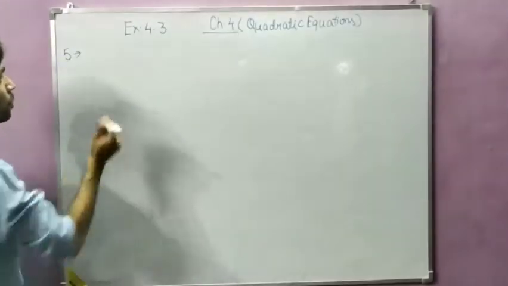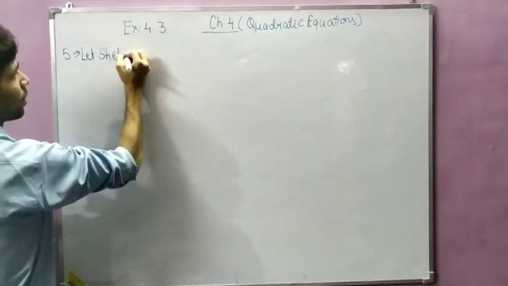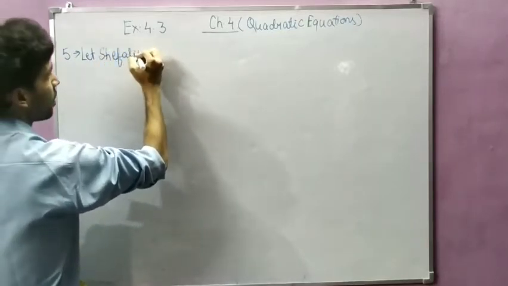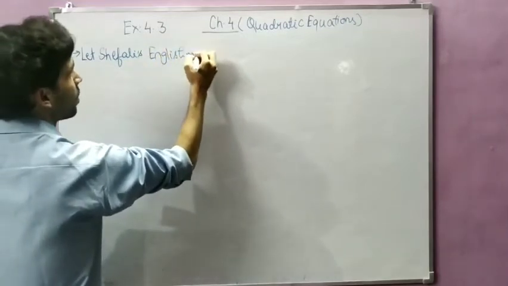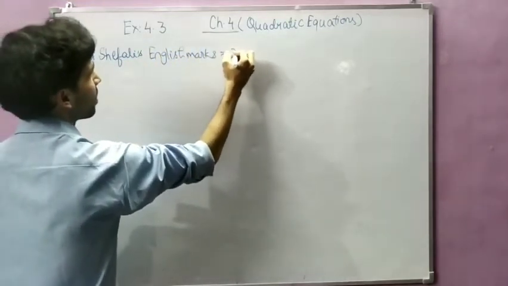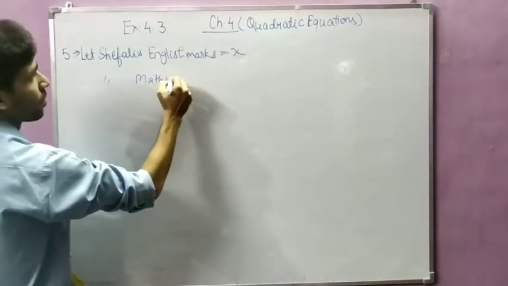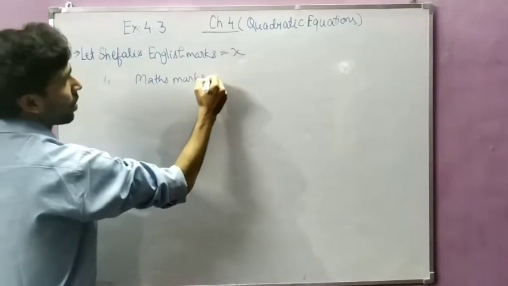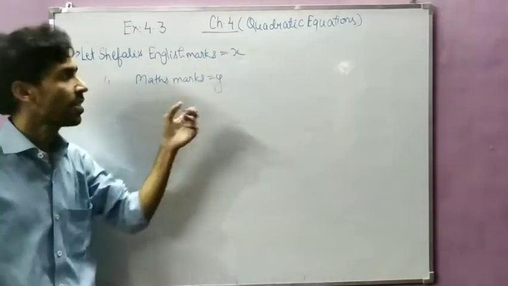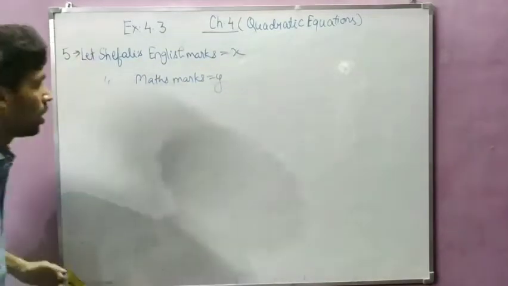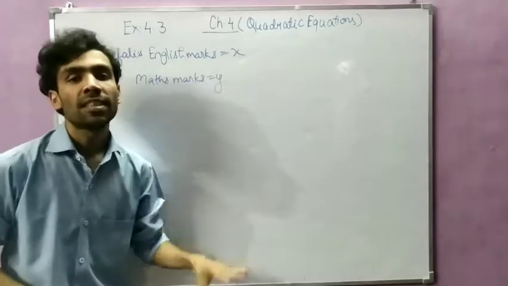So what you will assume, let Shefali's English marks be X and Shefali's maths marks be Y, because there are two subjects only. Question is saying the sum of the English marks and maths marks is equal to 30.